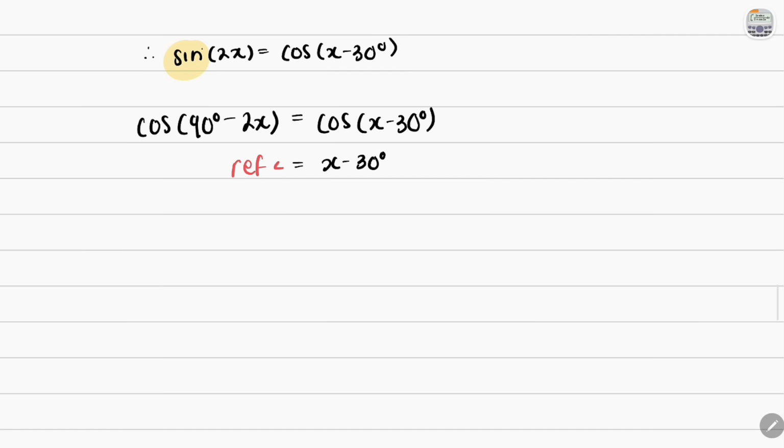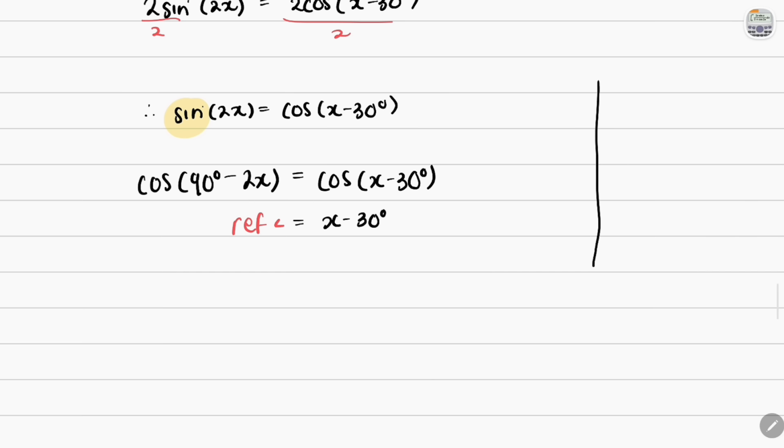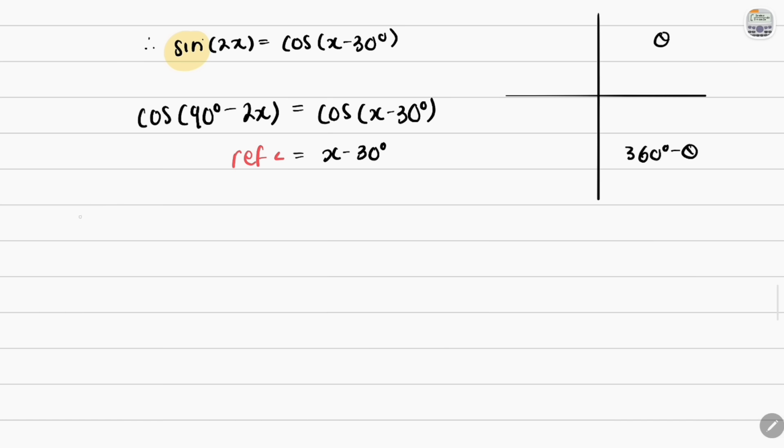Okay, so we're dealing with cos here, and you're just going to take the standard reductions for cos. That is where cos is positive. We'll take theta, and then 360 degrees minus theta. To solve for this, we're saying 90 degrees minus 2x is equal to the reference angle, which is x minus 30 degrees. But remember that this is a cos function, and the cos graph repeats itself every 360 degrees, so will these solutions.